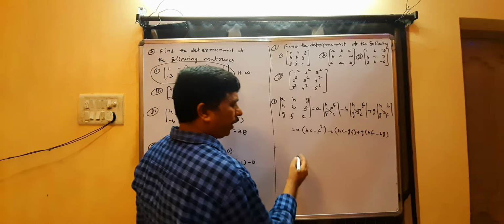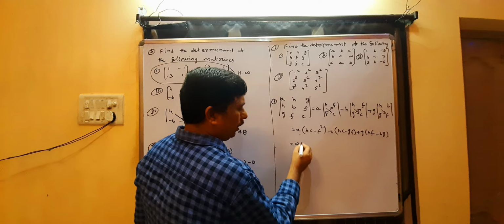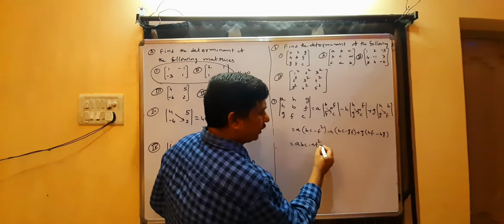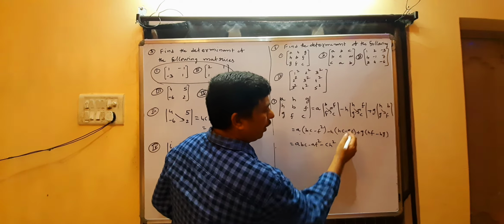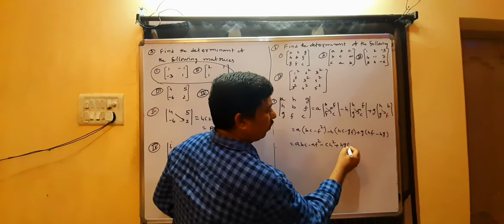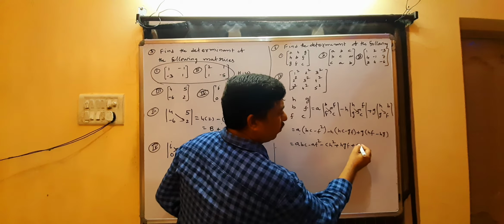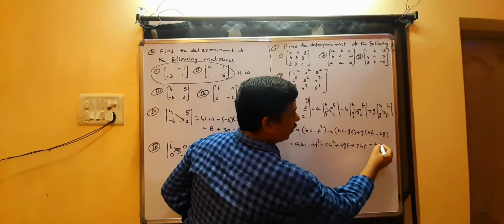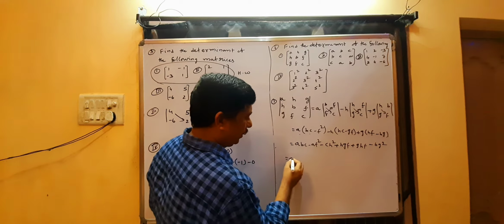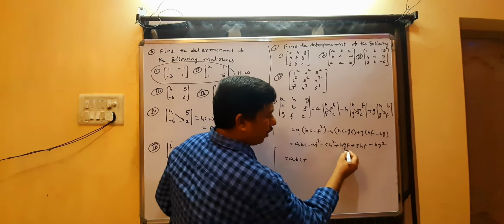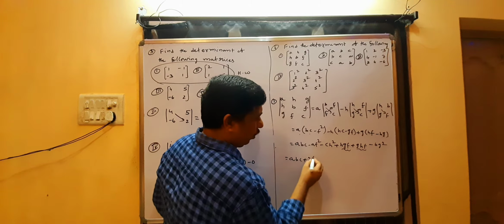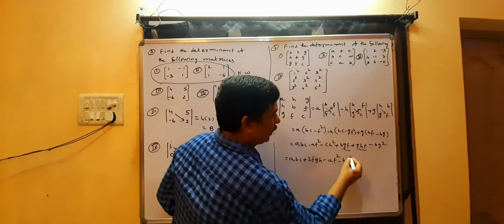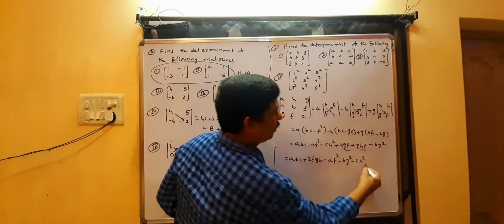Now you have to open the bracket: ABC minus AF square, minus H square C, minus into minus plus HGF, plus GHF, minus BG square. So ABC plus FGH plus FGH, that is 2FGH, minus AF square minus BG square minus CH square is the answer.